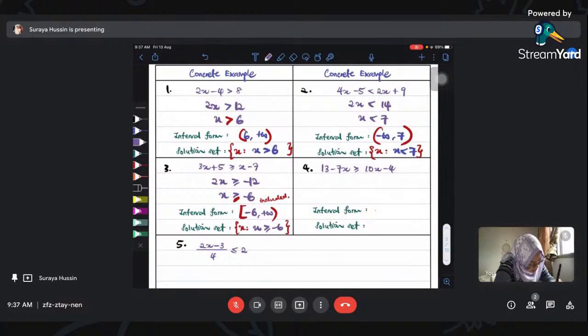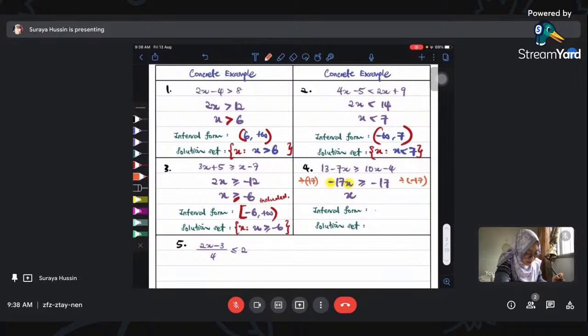Dekat sini hati-hati, you akan dapat negative 17x more than or equal to negative 17. Ooh, miss, we got negative here on the left hand side untuk x. So actually guys, apa objektif you? You nak x, betul tak? Jadi you divide both side by negative 17.